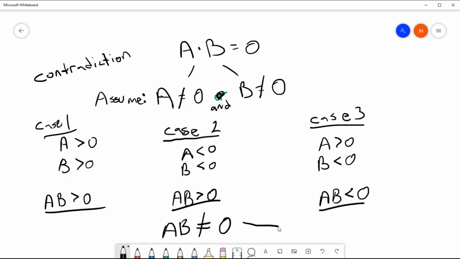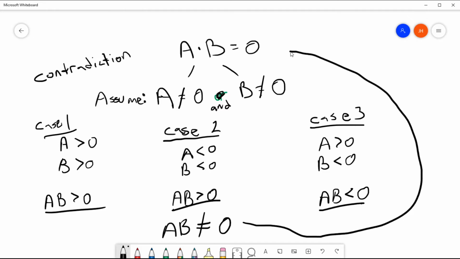But that contradicts the original concept of this proof, right? We said that AB multiplied to make 0, and then we set out this assumption that A does not equal 0 and B does not equal 0. And then we proved that that could not be possible.